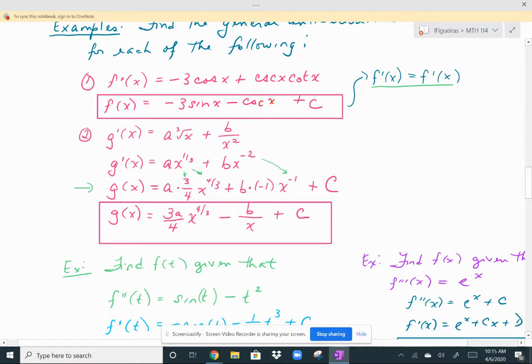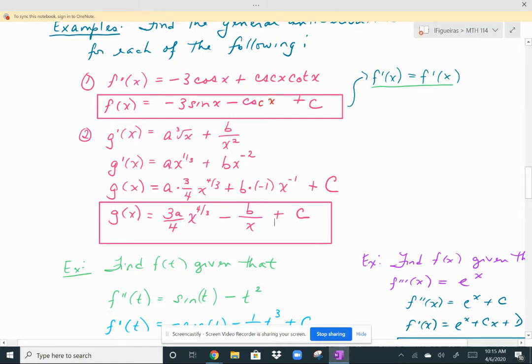The reciprocal of -1 is still -1, and that gets multiplied by b. So when you go on to the next line, you get 3a over 4 x to the 4/3 minus b over x. So x to the -1 got rewritten in the denominator in this line here. And then don't forget your constant of integration.